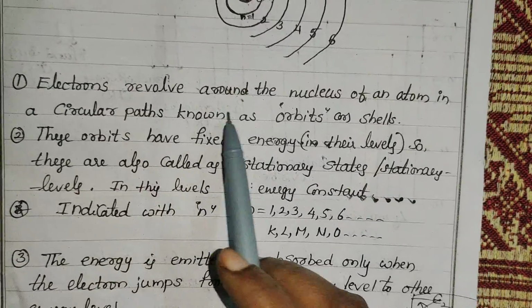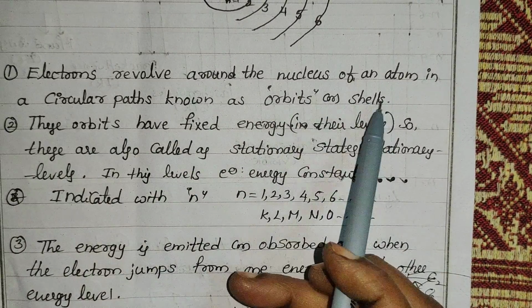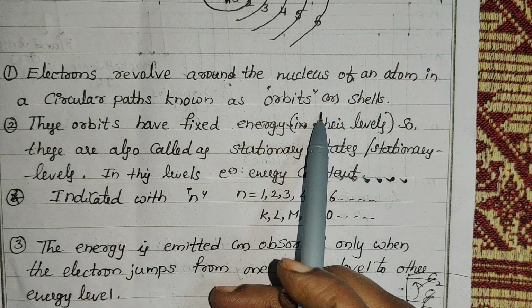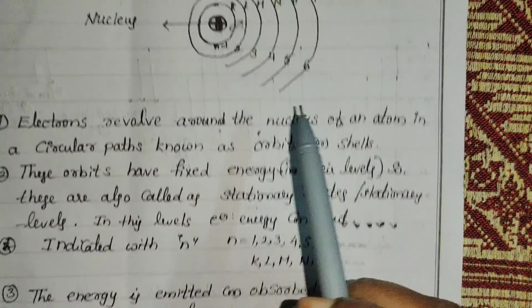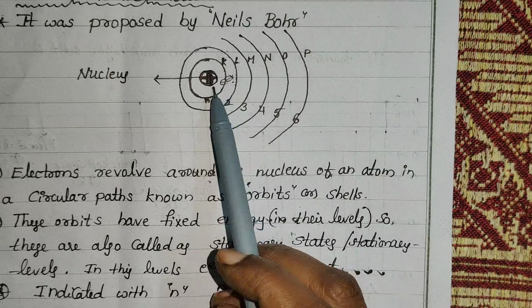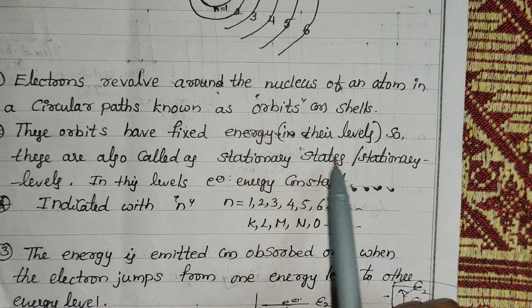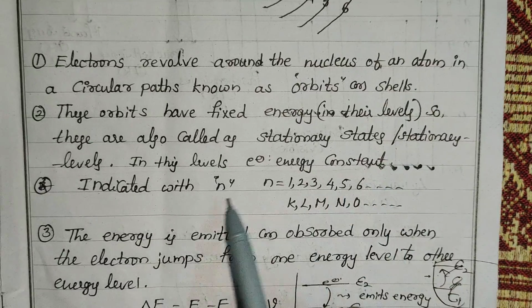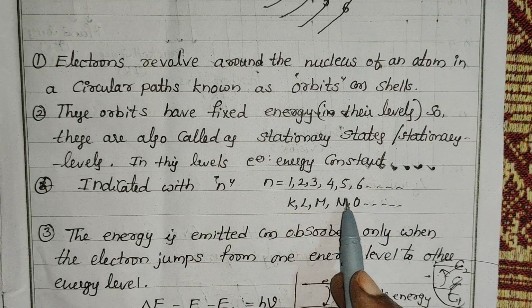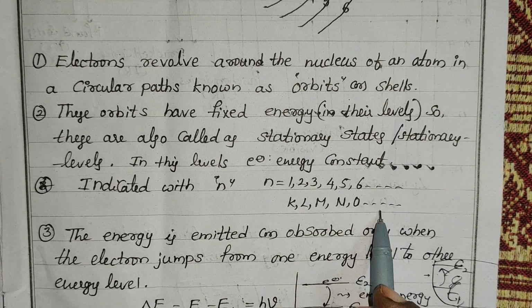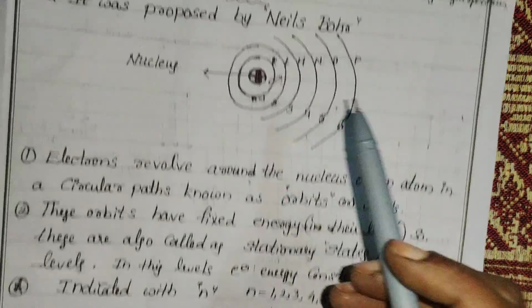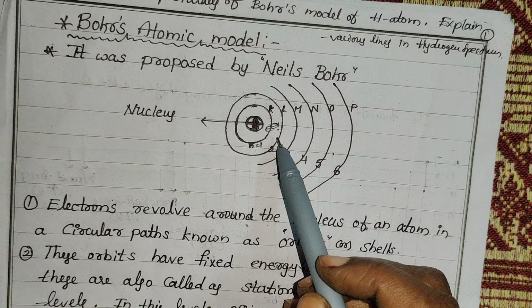So when electrons revolve around the nucleus of an atom, the circular path is known as an orbit or shell. Here the energy is fixed; the energy does not change in these shells. That is why they are also called stationary states or stationary levels. They are indicated with 1, 2, 3, 4, 5, 6 and so on, or K, L, M, N, O. When electrons are in an orbit, the energy does not change.